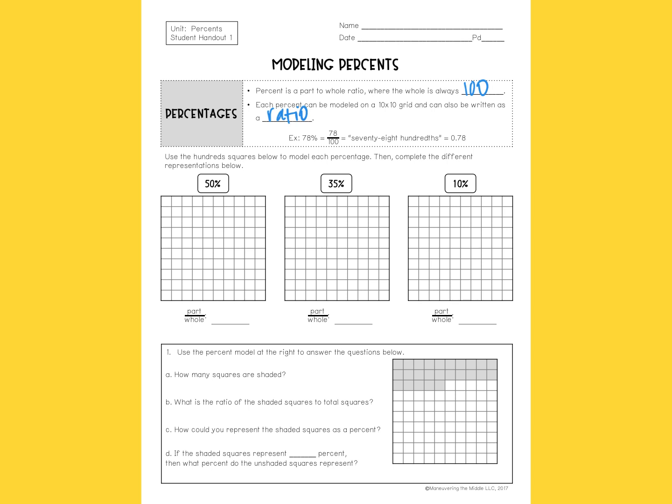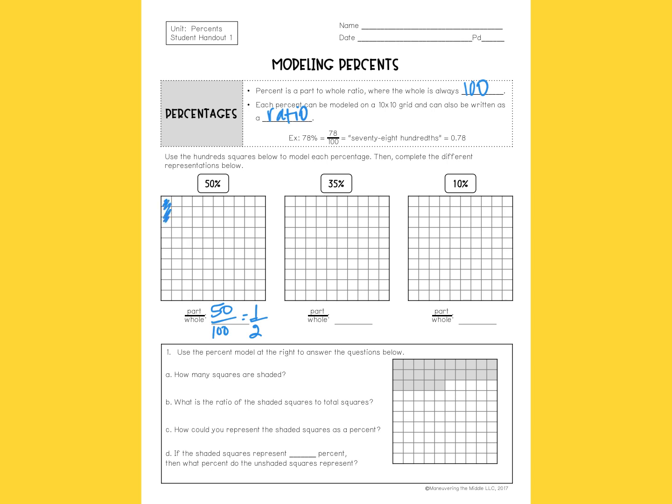Our first square here, we want to shade in 50%. So we want to shade in half of our model here, because we know 50 out of 100 is equal to 1/2 of the picture.